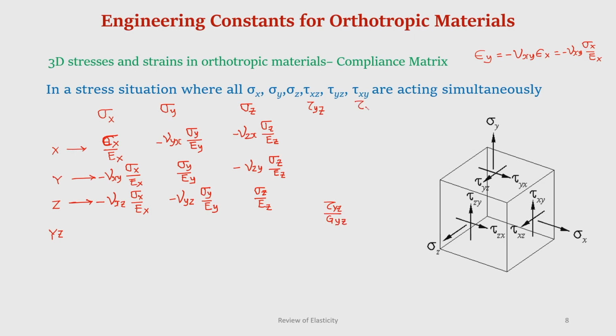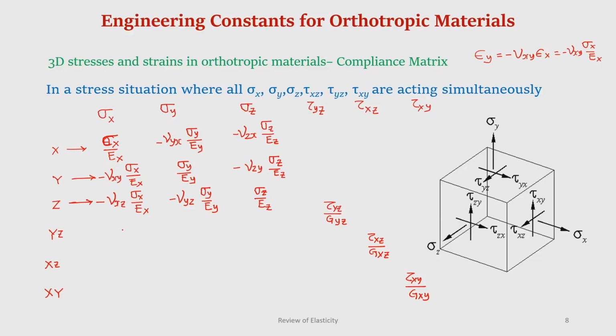Suppose it is also subjected to shear along tau x z. Therefore, in the x z plane it will lead to tau x z by G x z. Similarly, subjected to x y, it leads to tau x y by G x y.